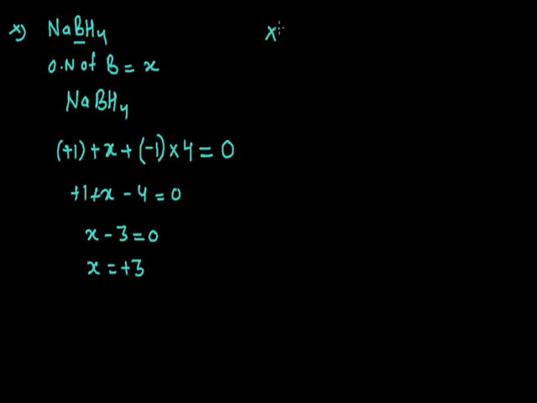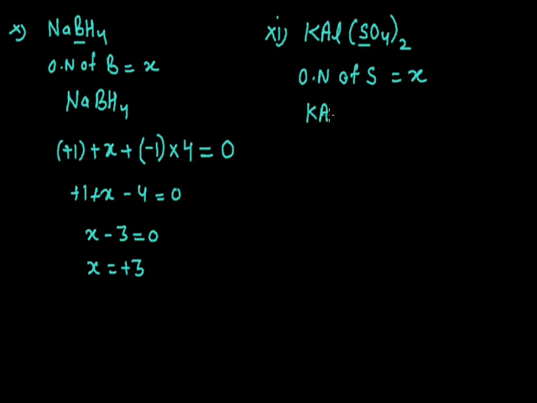Now we can take another example, KAl(SO4)2, potassium aluminium sulfate, and we have to find out the OS of sulfur in potassium aluminium sulfate. Now we consider the oxidation number of sulfur to be X. According to the formula K, aluminium and SO4 whole twice, we can put the OS of potassium as +1 because it is an alkali metal, plus the OS of aluminium, which is always +3, plus, now we put the bracket.